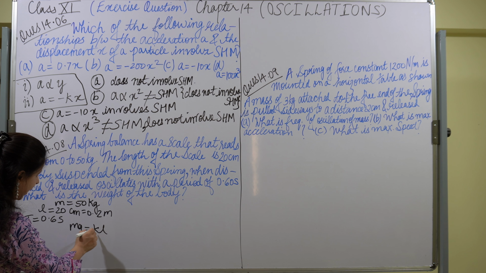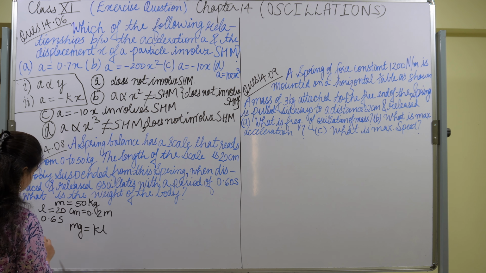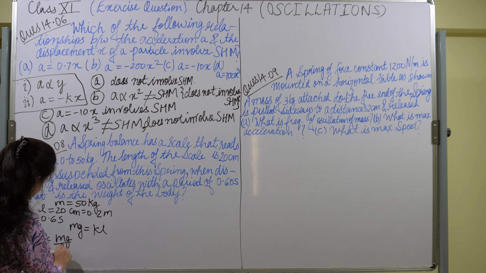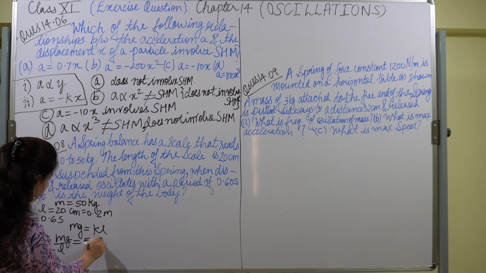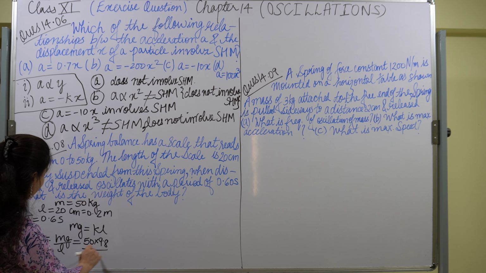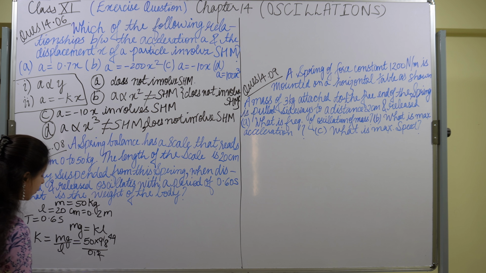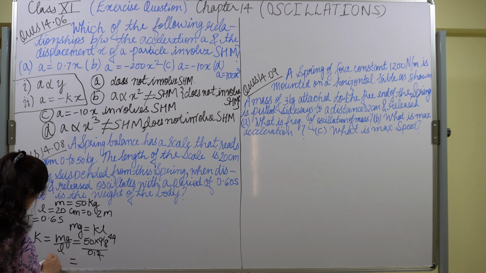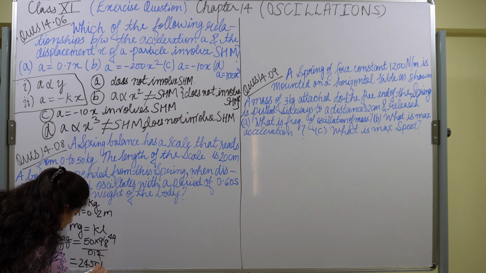So from here we will be finding out the spring constant K. So K will be equal to mg upon L. So M we will put 50, g we will put 9.8, and L we will put 0.2. The decimal point gets cancelled, and 2 fives are 10, 2 fours are 8, 2 nines are 18. So here we will get the spring constant equal to 2450 Newton per meter.